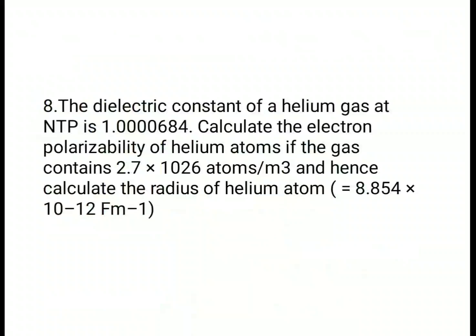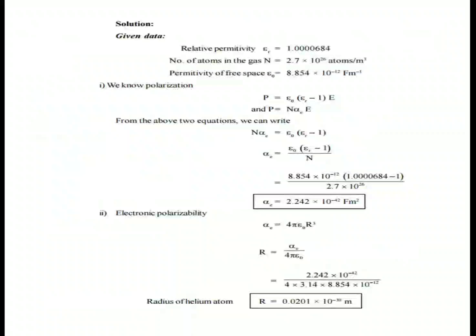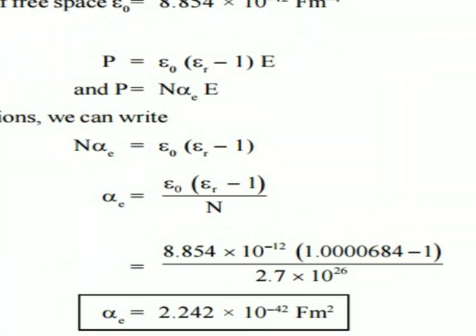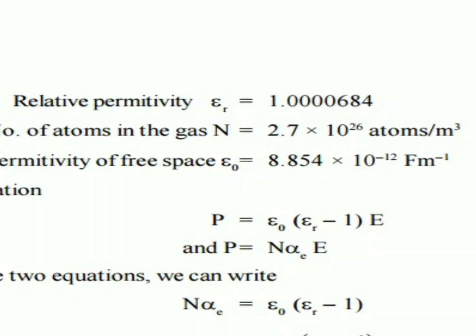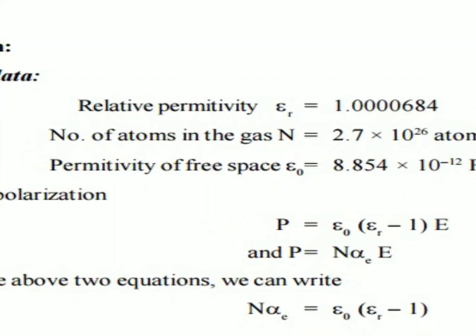Now the solution of this problem. Relative permittivity epsilon r is 1.000684, the number of atoms in the gas capital N is 2.7 × 10^26 atoms per meter cube, and the permittivity of free space epsilon naught is 8.854 × 10^-12 farad per meter.